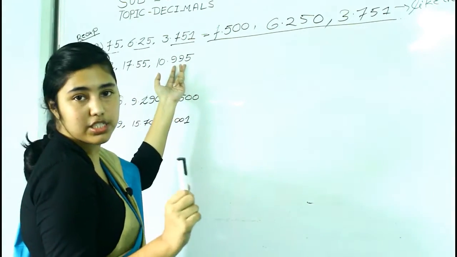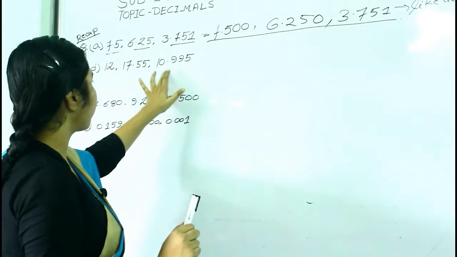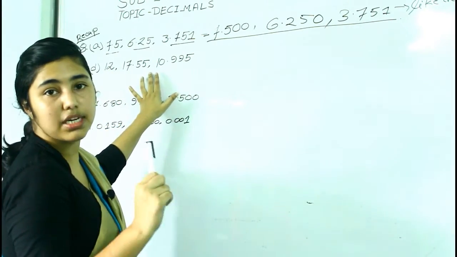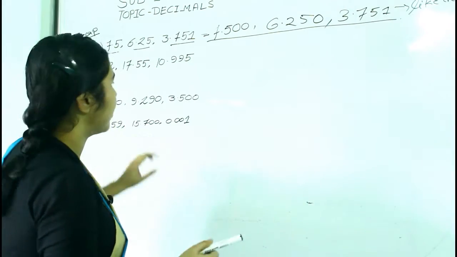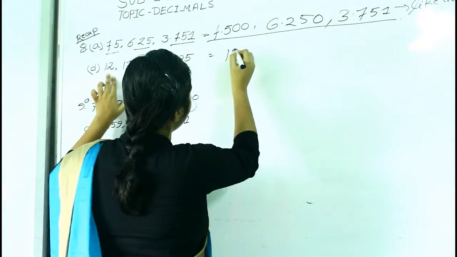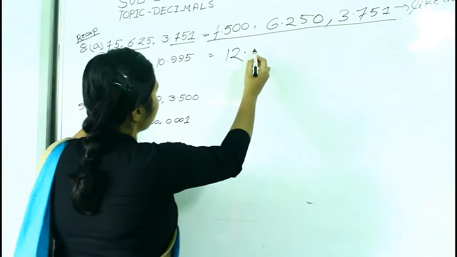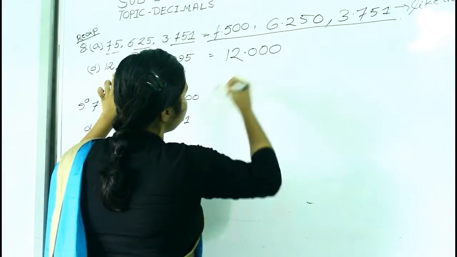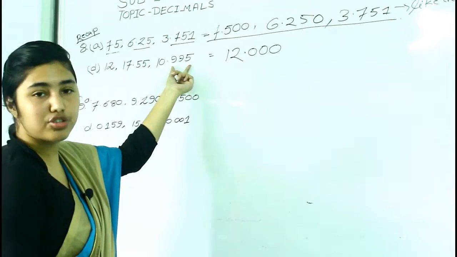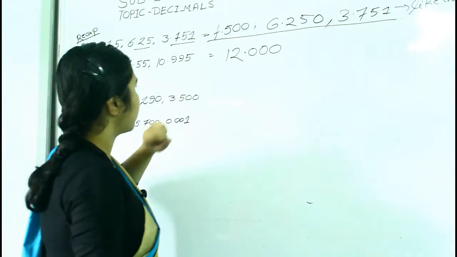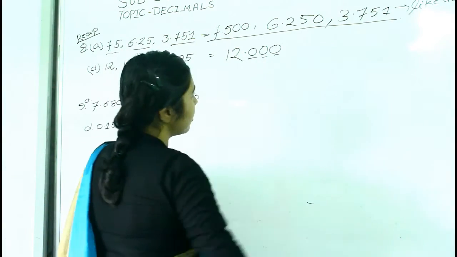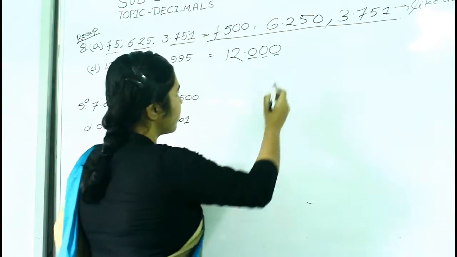Here we have 3 decimal places. So we have to convert all these numbers into 3 decimal places. So write 12 point, consider 3 zeros, because we need 3 decimal places.